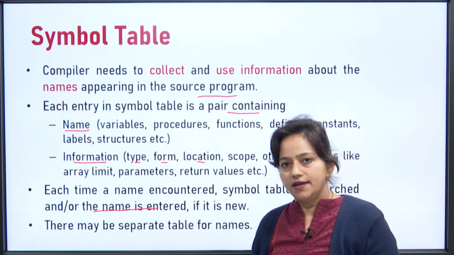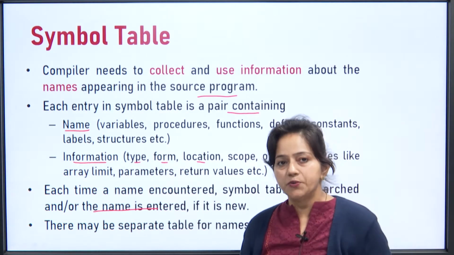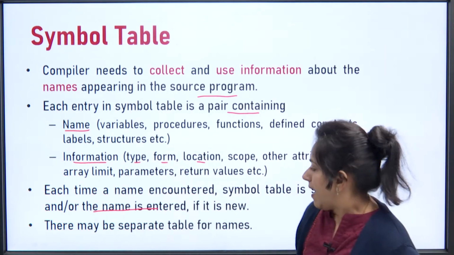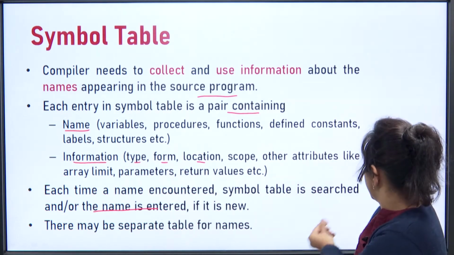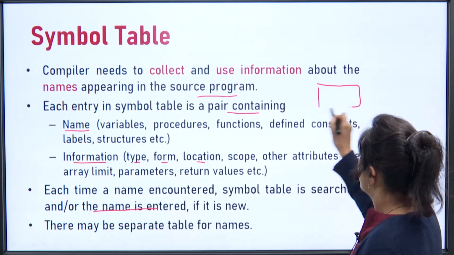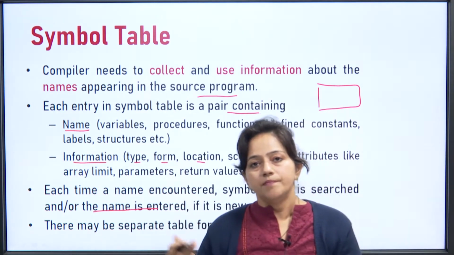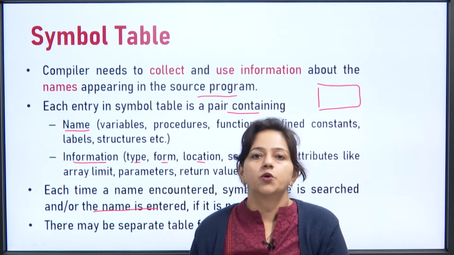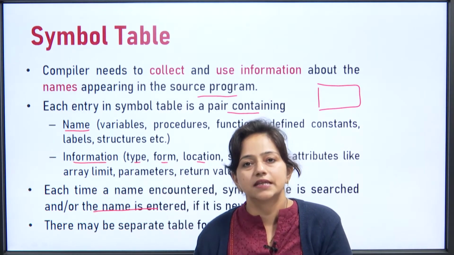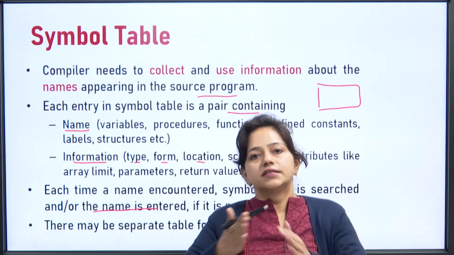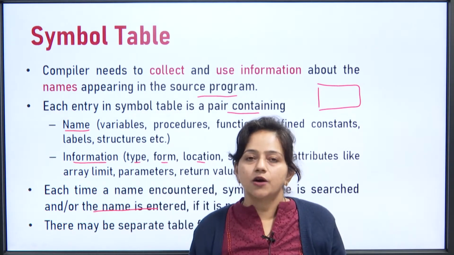If it is already there, there is no need to create a new entry. This is about a single table. Similarly, there may be separate tables for names. If there are various types of names, like variable, label, and procedure name, we can have a separate table for every category of name.